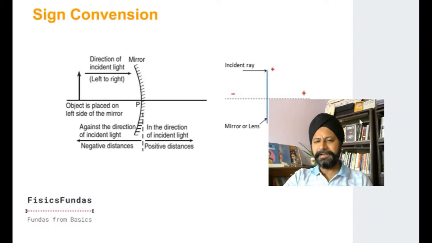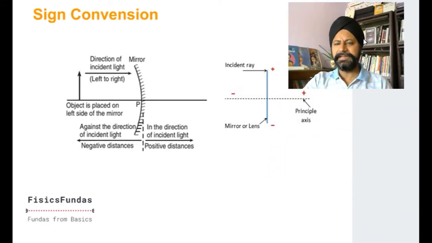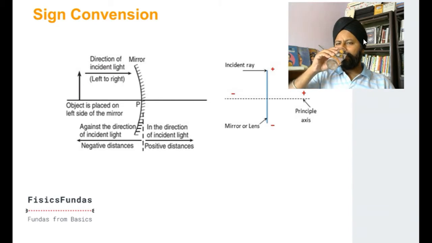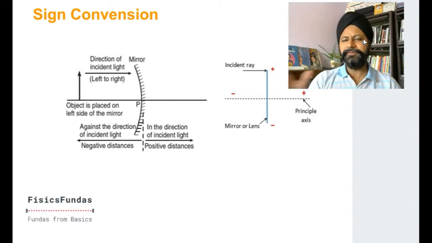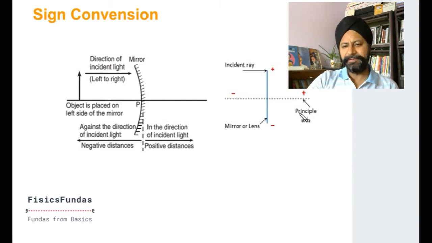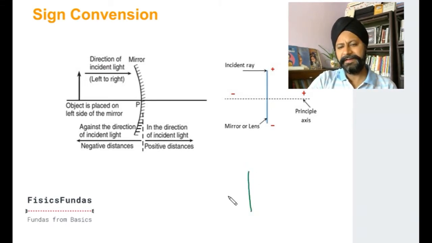We'll do some mathematics now. So sign convention is nothing new. You have already done that in your junior grades, 7th, 8th grade, whatever. So you have done Cartesian coordinates, right? So remember, you have already done this in your math classes. You make this as x-axis, you make this as y-axis, and then you write +1 here, +2 here, -1 here on the other side.